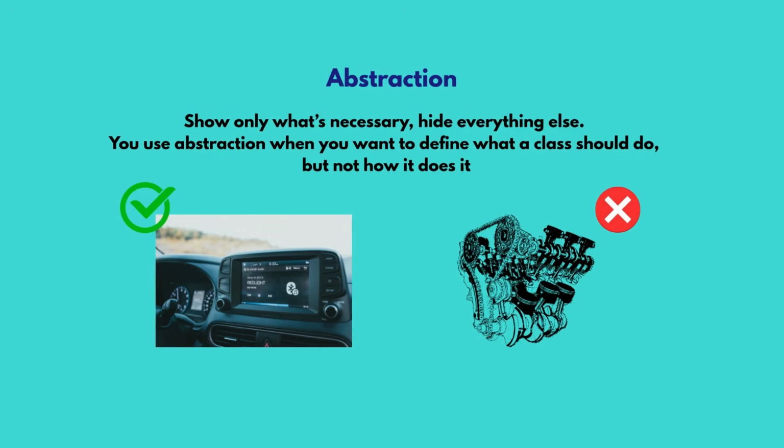I do not want to show them the complete engine of the car. What I am showing them is directly the start button, so they are just concerned about starting the car. So the abstraction is the same thing, showing only the essential features of an object while hiding the unnecessary details.